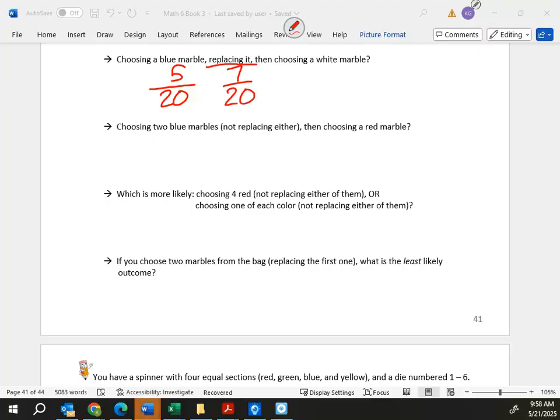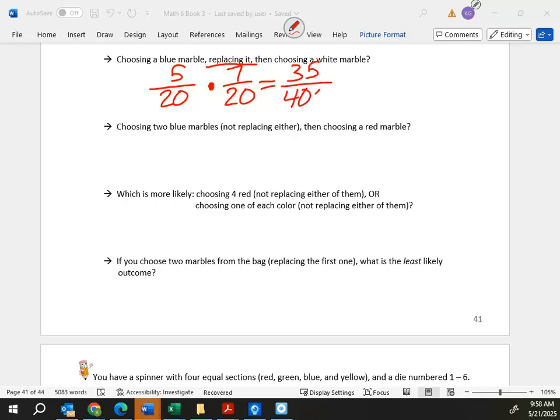We replaced that first marble, so we're still at 20 marbles in our bag. What do I do for my second step? Noah and Nikki? What operation am I going to do for my second step? Multiply them. So what do we get when we multiply 5/20ths by 7/20ths? Liam? 35 over 400.